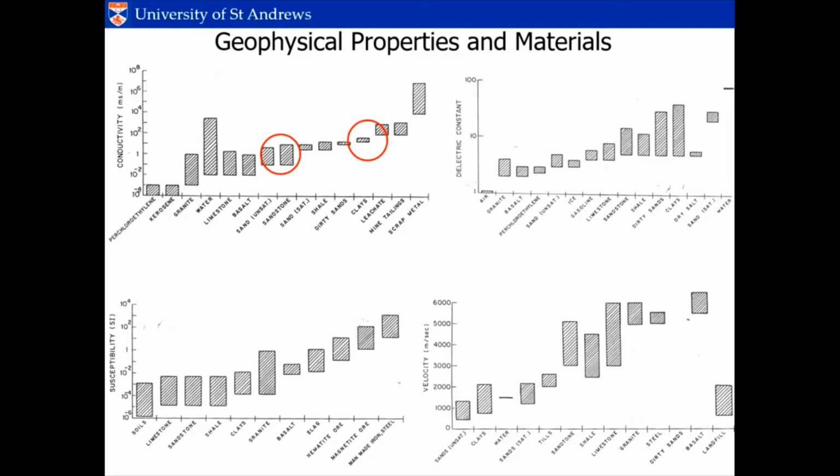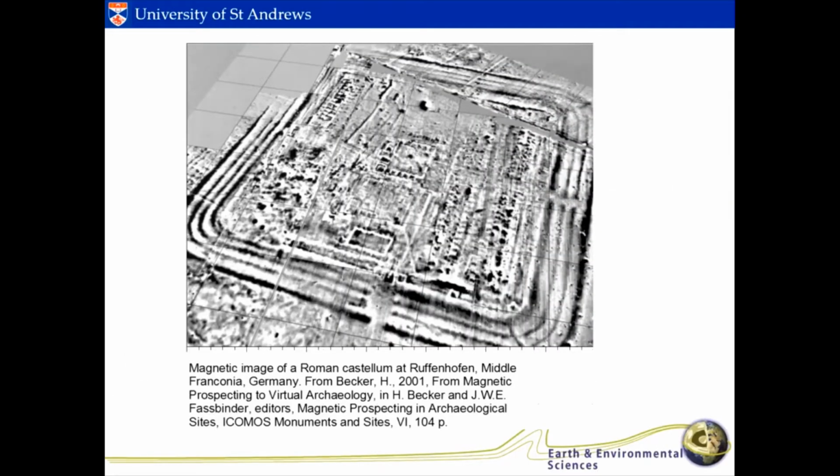So it's ranges of values, and we're looking at contrasts. Here, using magnetics is a rather nice example of contrast in magnetic signature, showing up as a black and white image of a Roman fort. This is a Roman fort in Germany, and it was acquired using a magnetometer, so magnetic prospecting.